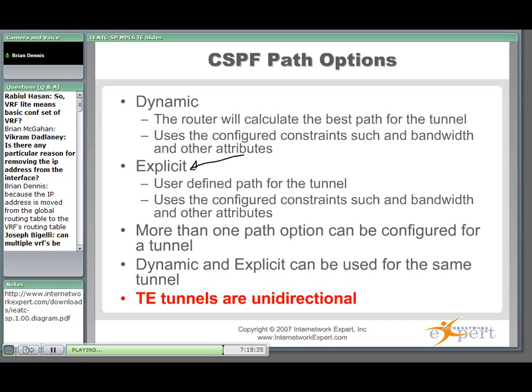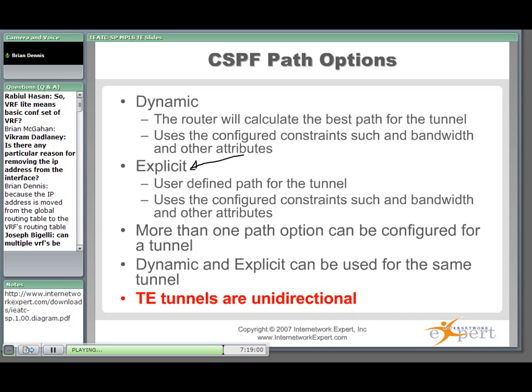Because if you leave it to the default, the tunnel will select both the IS-IS path, whatever it's using, or the OSPF path, whatever it's using there. But like I said, commonly it is the explicit path.